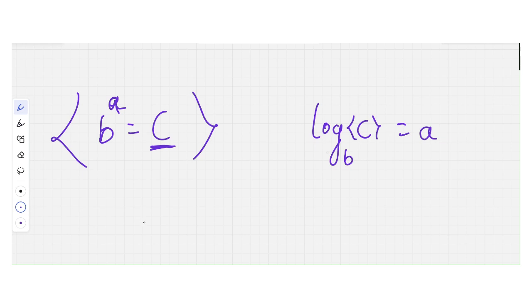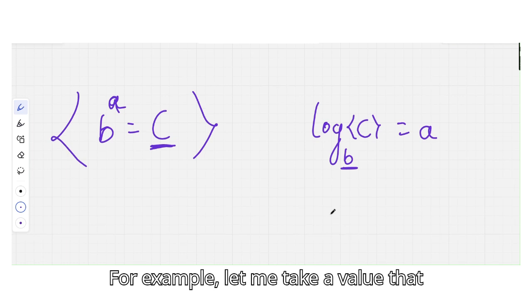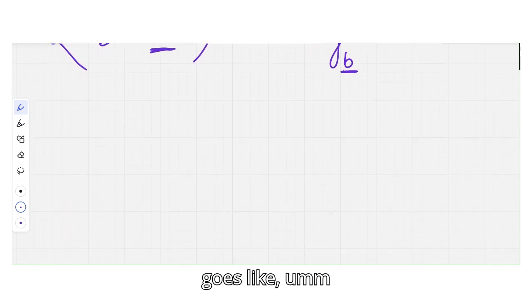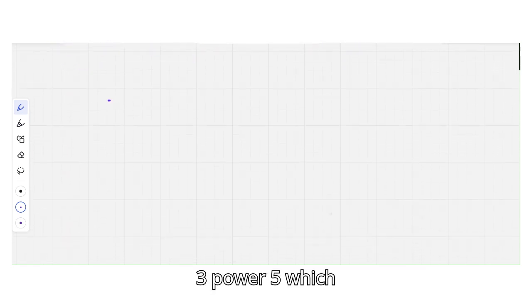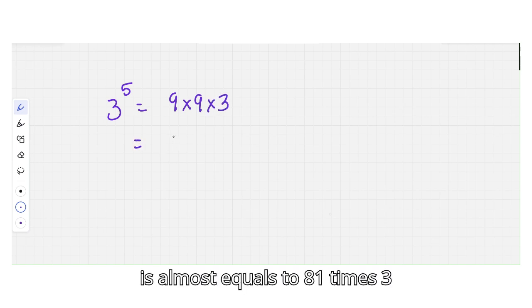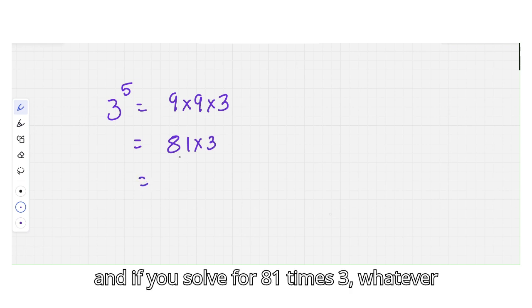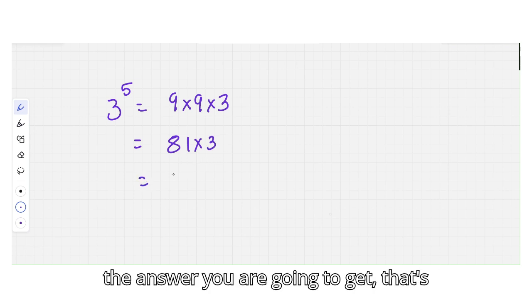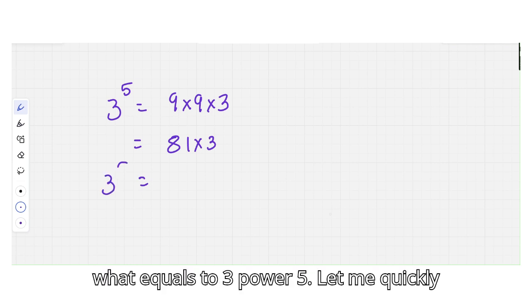In this case, we got the base. For example, let me take a value that goes like 3 power 5, which equals 9 times 9 times 3, which is almost 81 times 3. And if you solve 81 times 3, whatever answer you get is what equals 3 power 5.